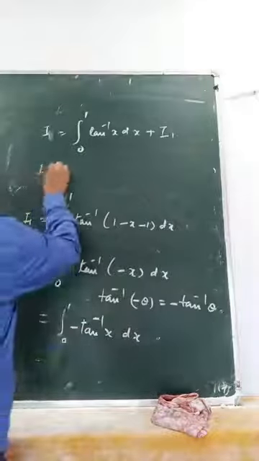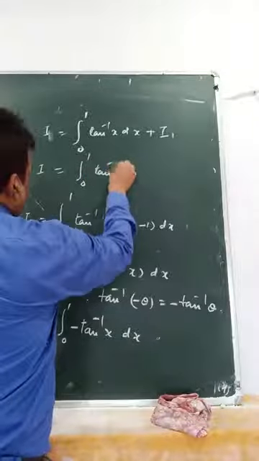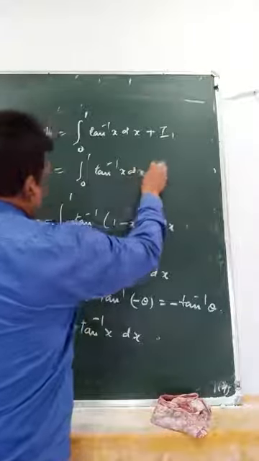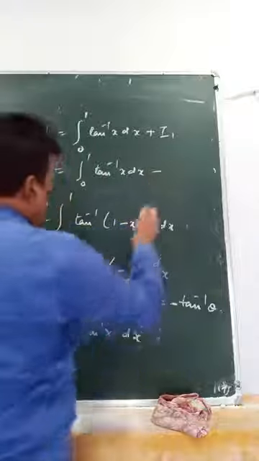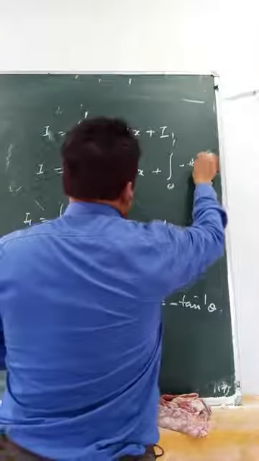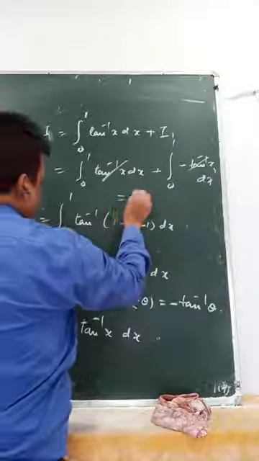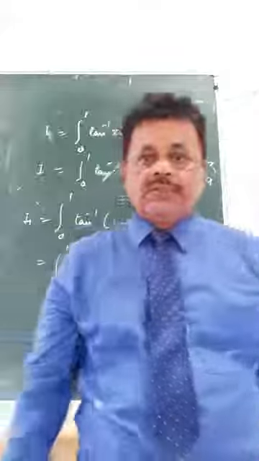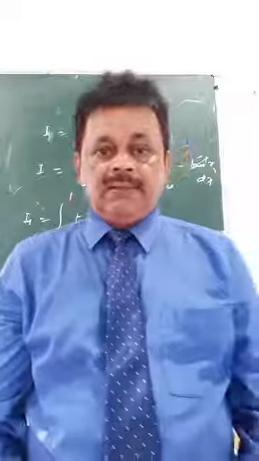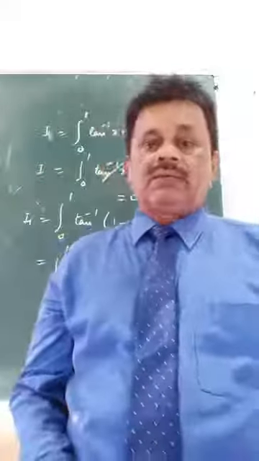So I equals 0 to 1 tan inverse x dx plus 0 to 1 minus tan inverse x dx. This gets cancelled. So we calculate this integration. Tomorrow we will start area under curve, a new chapter.